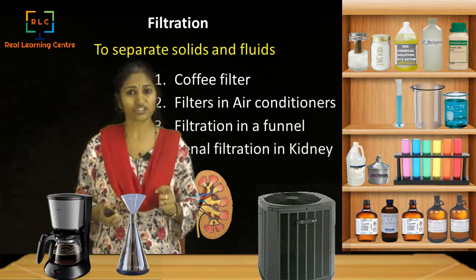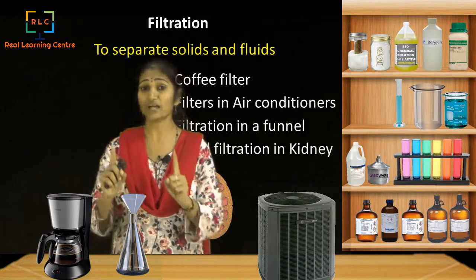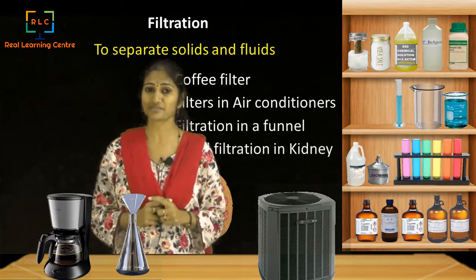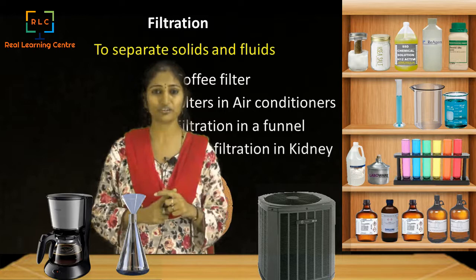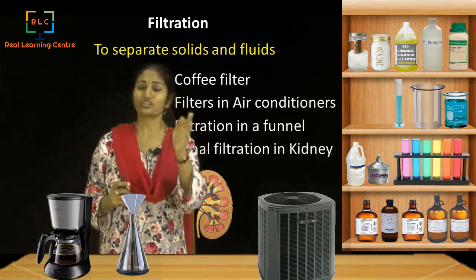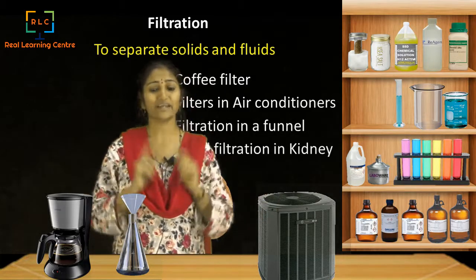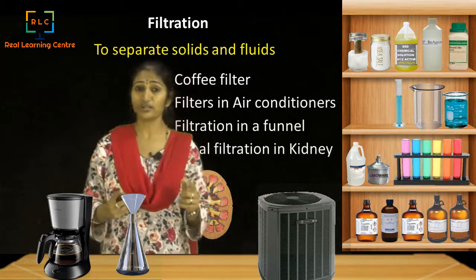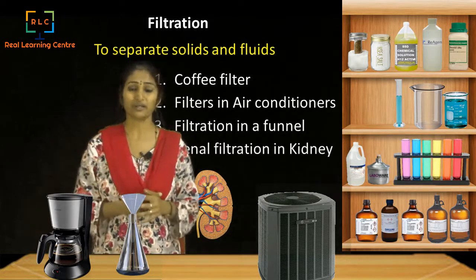In air conditioners, we do not use water, but we use another fluid, like a gas. The gas or the atmosphere here would have very fine solid particles which are filtered by the mesh seen in the air conditioners. This way the air is filtered from an air conditioner.